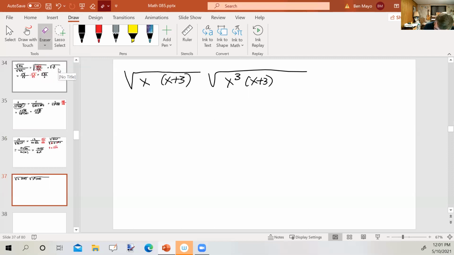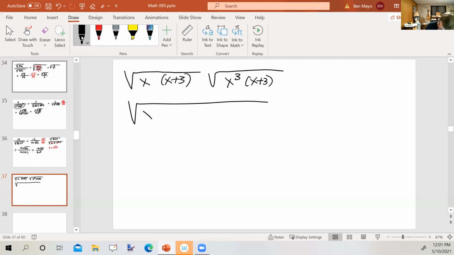Keep making my radicals longer than they need to be. Well, that would be the square root of x to the 4th times x plus 3 squared, which would be what? x squared times x plus 3, or x cubed plus 3x squared.